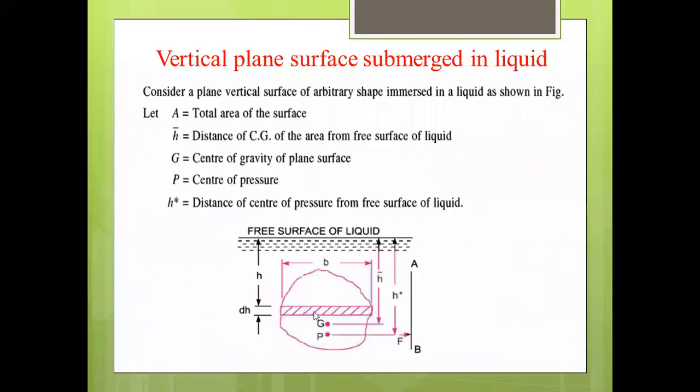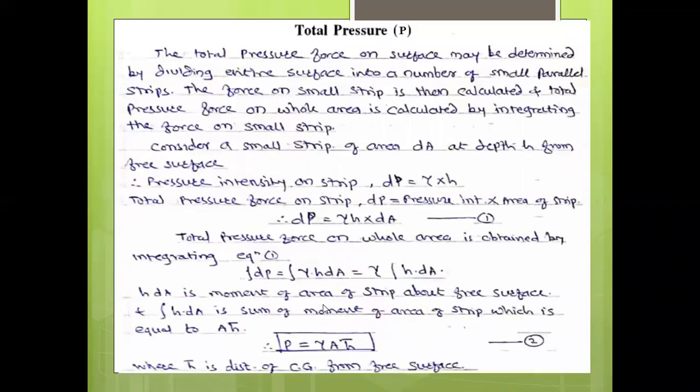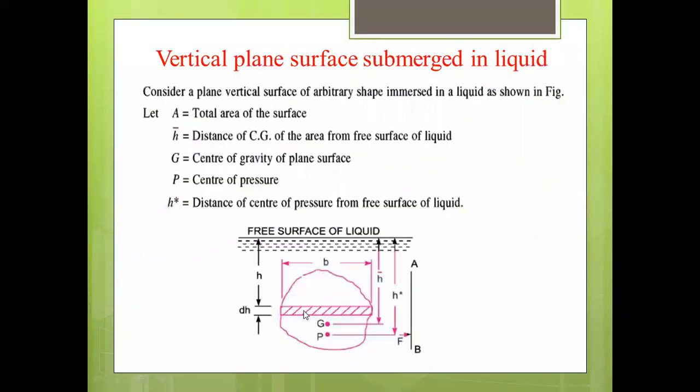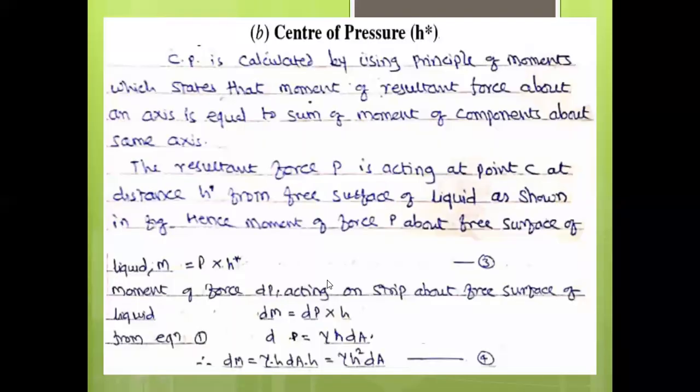Now, if we consider small strips, a number of strips there, and consider the moment of each one, then we can do the integration of that and equate it with the moment of the force dP. dP is the small force acting on the strip. Similarly, dP1, dP2, dP3, we can find a number of total pressure forces, add all these moments of the forces, and integrate.